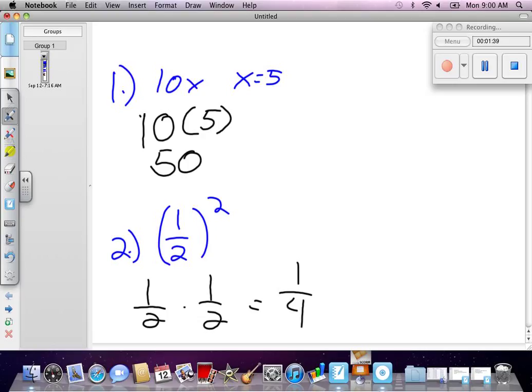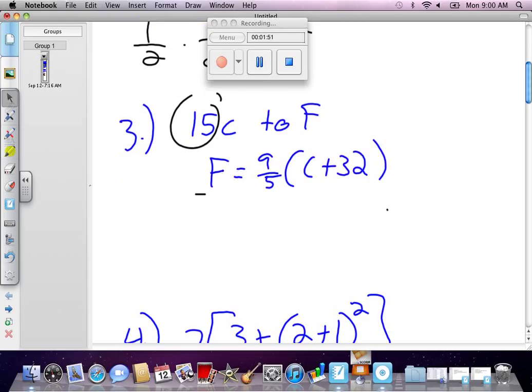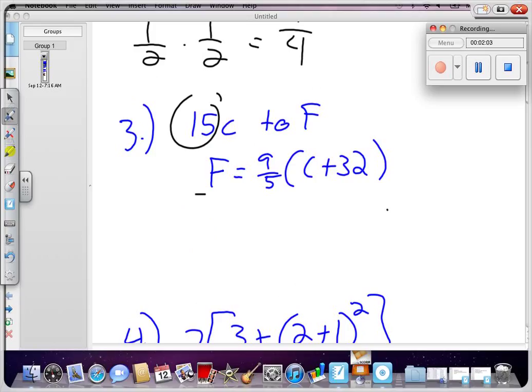Got questions so far about those two? Okay, let's bring up number 3. Okay, we've got 15 Celsius, and we want to transfer that to Fahrenheit.